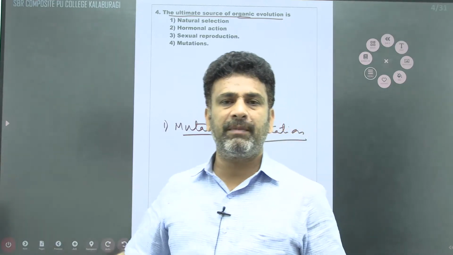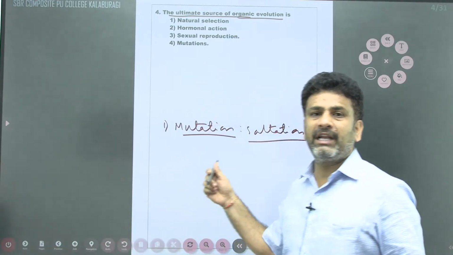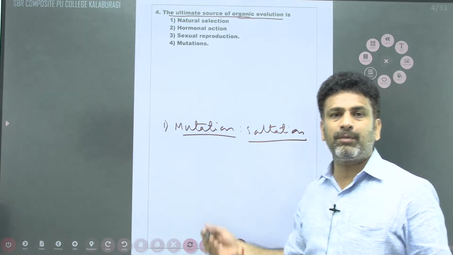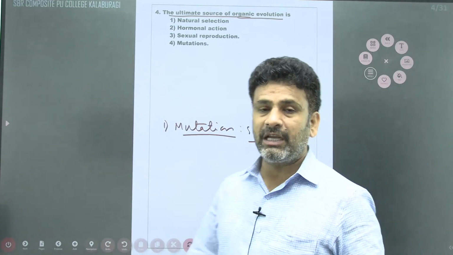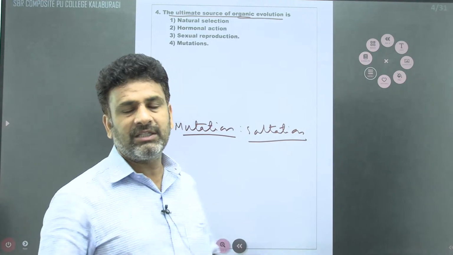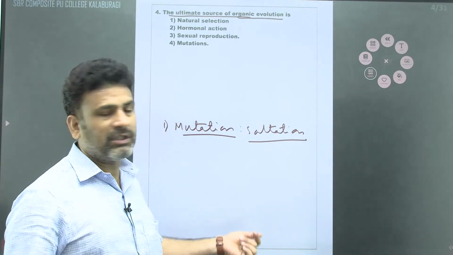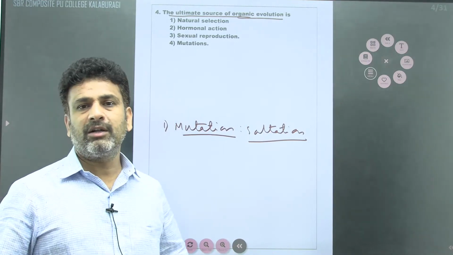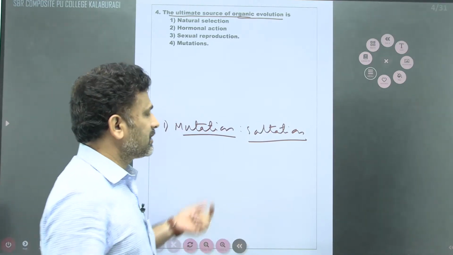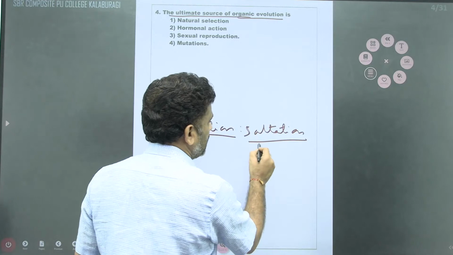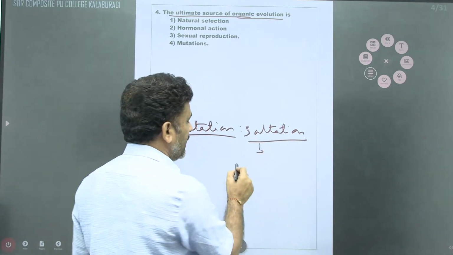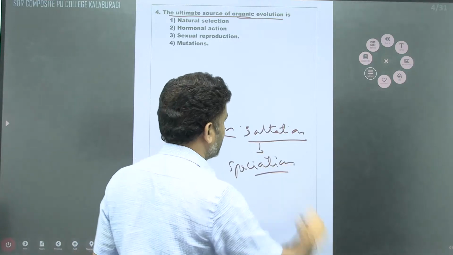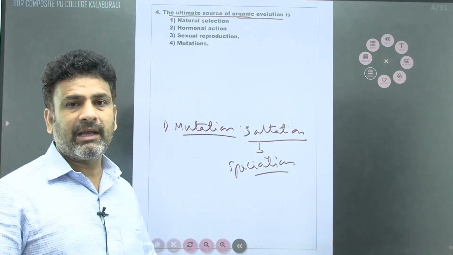Because of this recombination, there is variation. These variations may lead to mutations, the change in the position of the gene, or the change in the allelic frequency, the change in gene frequency. That induces large mutations within the developing embryo, the developing fetus, resulting in saltation. This saltation ends with speciation, that is the formation of new species from the existing individual.